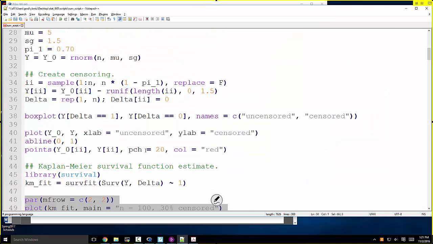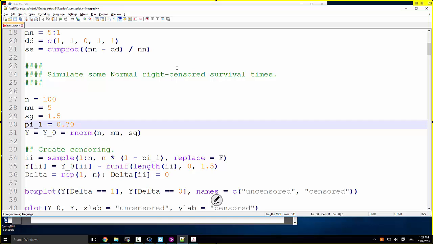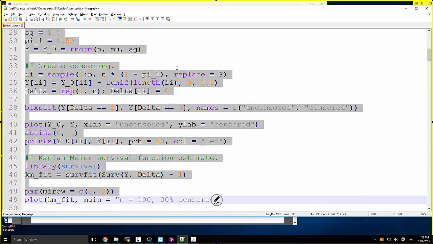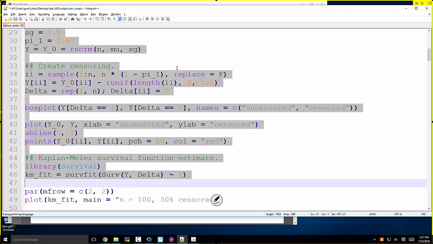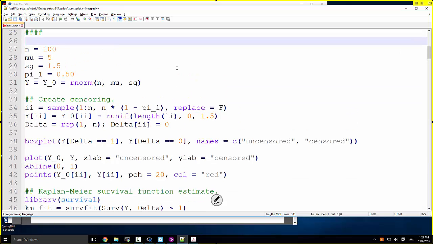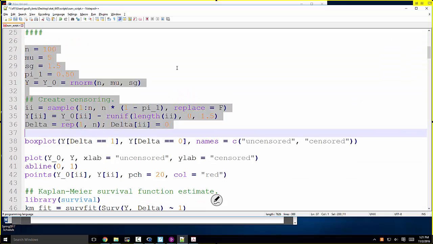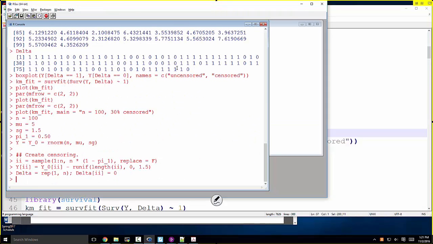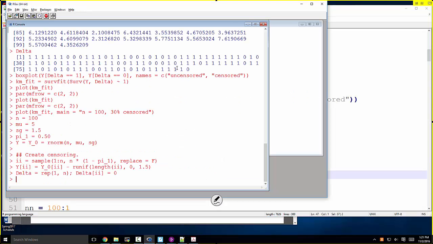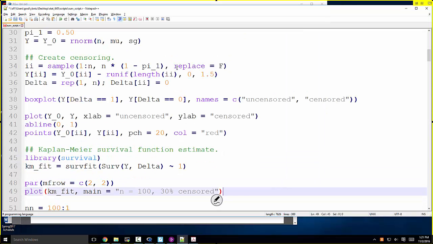Now let's see what happens if we were to change from 30% censoring to, say, 50% censoring. I don't want to make those plots, though. I'll come back. So now we have 50% censoring.